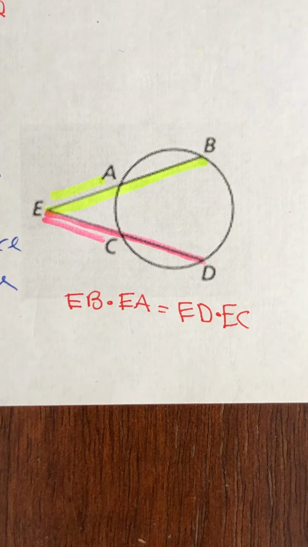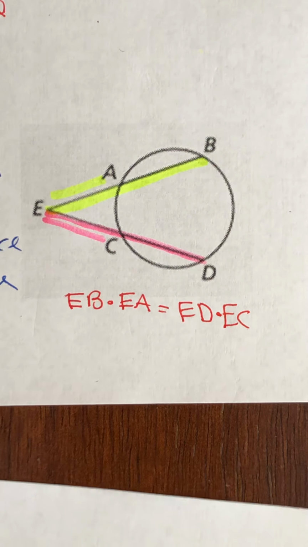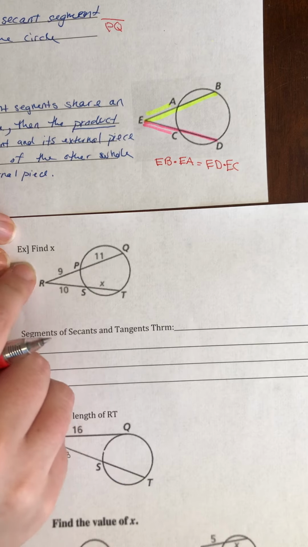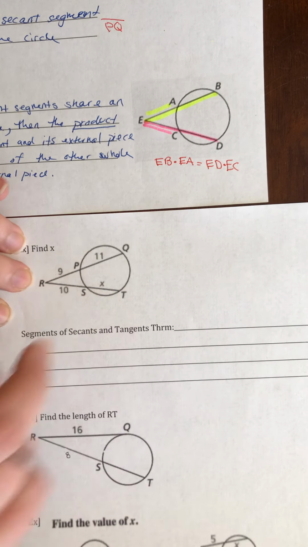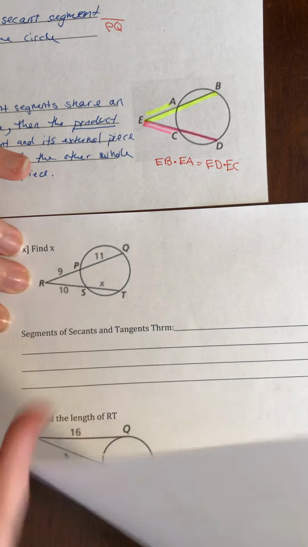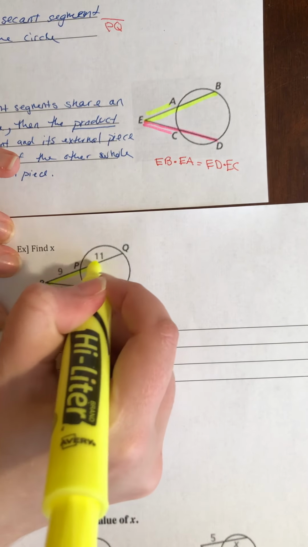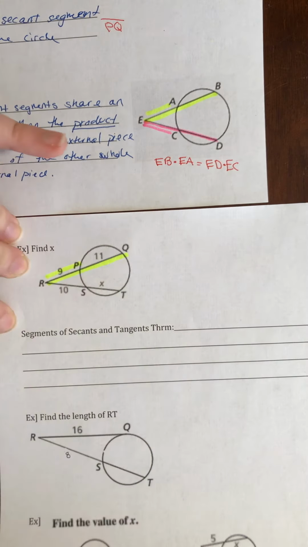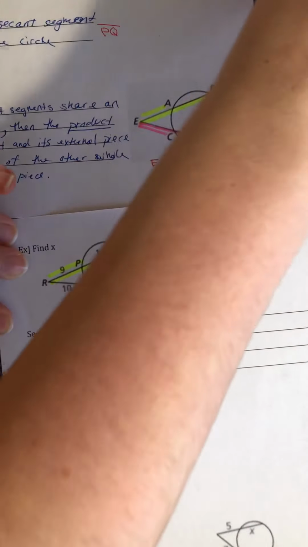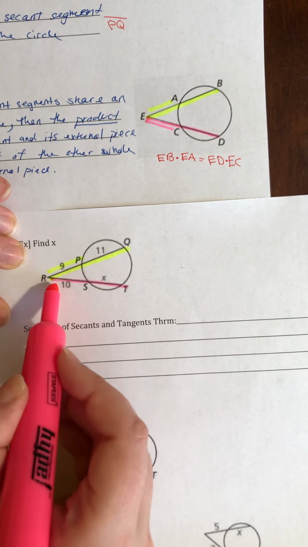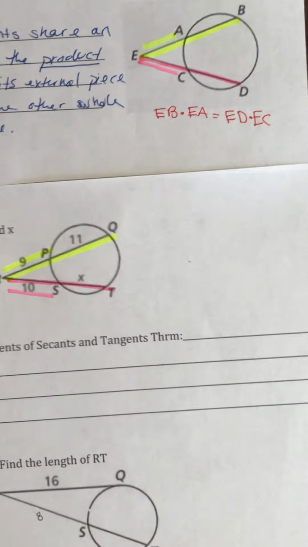So let's try an example of that. That's on the next page, but I don't want to start a new section quite yet. So here, I want to find X. So it's the product of RQ times RP, and RT times RS.